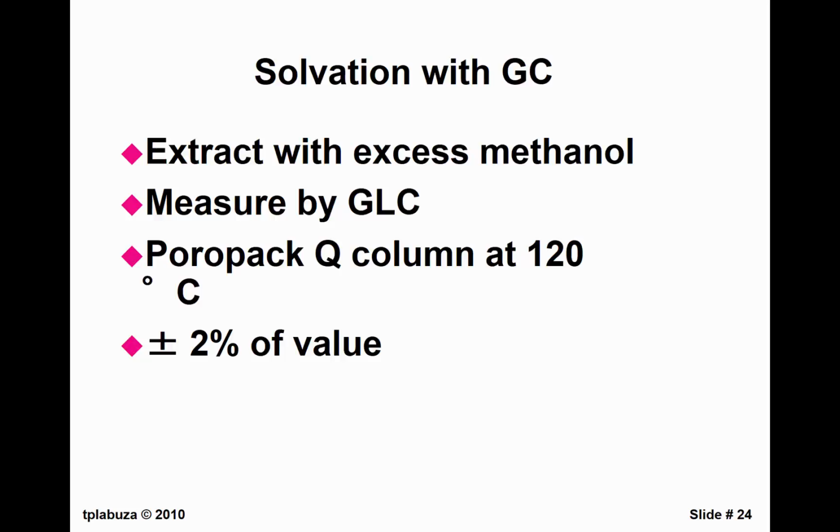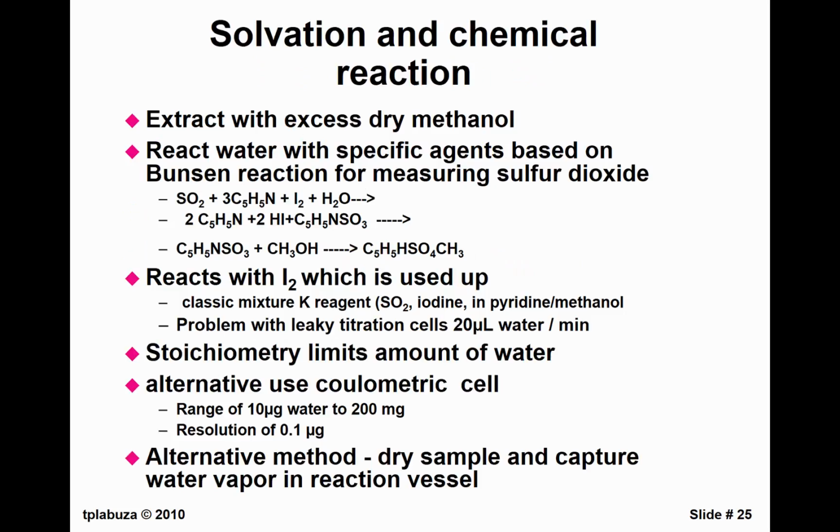The question is, how long do you need to mix it with the methanol? In general, we have found with dehydrated types of foods, not with wet foods, it's not going to work very well with wet foods. But for dehydrated foods, it's about 18 hours. So an overnight on a slow shaker is enough to get the extraction of the water into the methanol. And then you just measure the height of the peak, and you can make a standard curve for that.